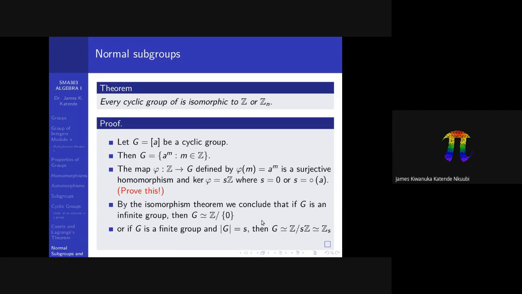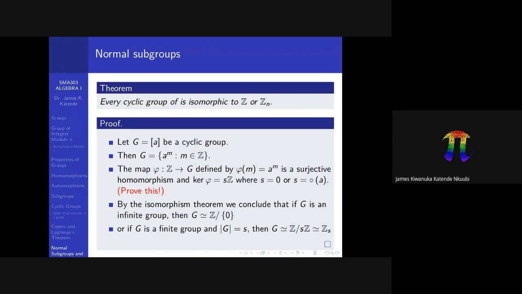Since the map is surjective, this factor group will be isomorphic to the whole of G. Remember, G is our codomain in this case. So the factor group will be isomorphic to G. That's just an application of the isomorphism theorem.